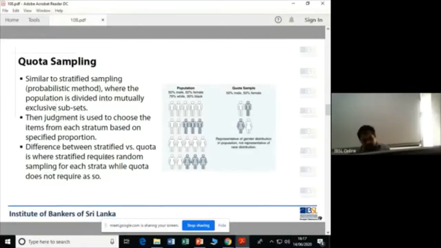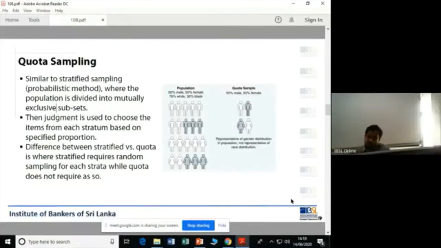It says the difference between stratified and quota, that is something which we didn't discuss at this point, but in a little while. The difference between stratified and quota is where stratified requires random sampling for each stratum, while quota does not require so. Now, this is a very important point to keep a mark on. And stratified sampling will be discussed on the contra side of this.